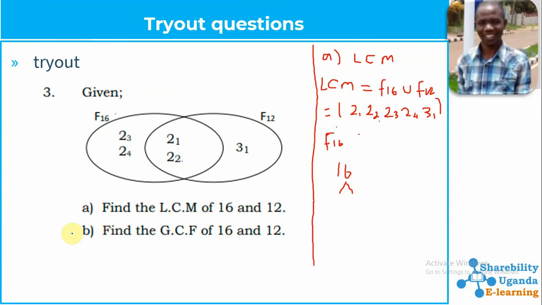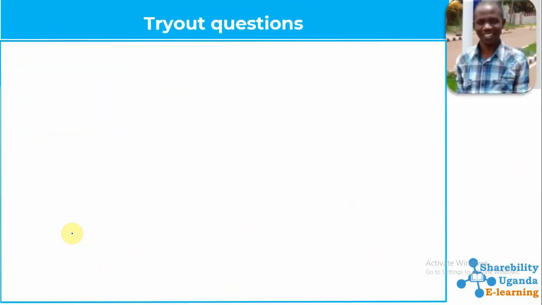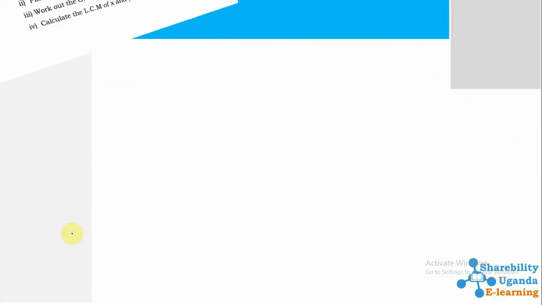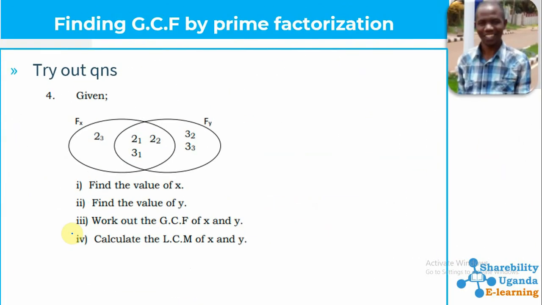Hope everyone has been able to pick out something, and hope we are moving at the same pace. So that's how we shall be handling these numbers. In our next lesson we are going to answer this number on f of x, then f of y, and there we shall see how we find that.